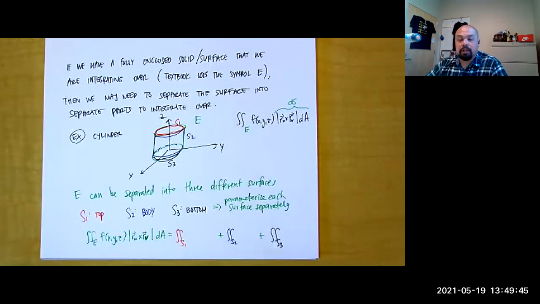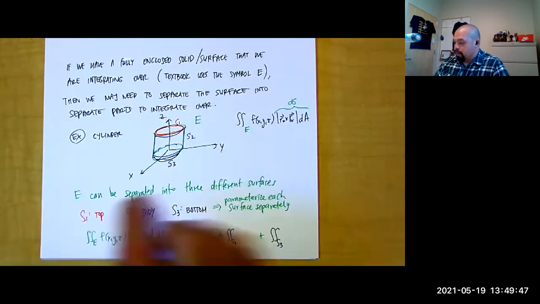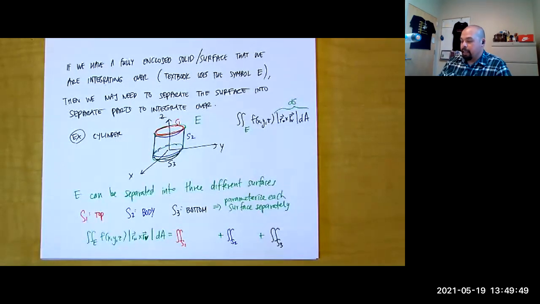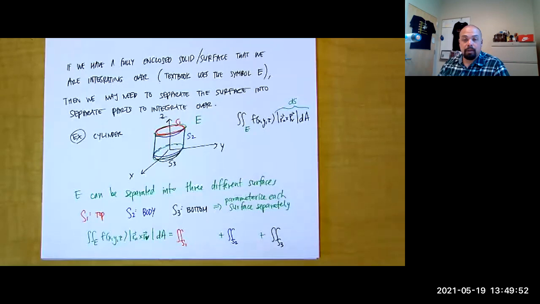We might parameterize in terms of x and y. It all just depends on how we're manipulating to create those surfaces. And that's where sometimes it becomes a lengthier problem with these enclosed bodies, because we have to separate out into those different pieces.